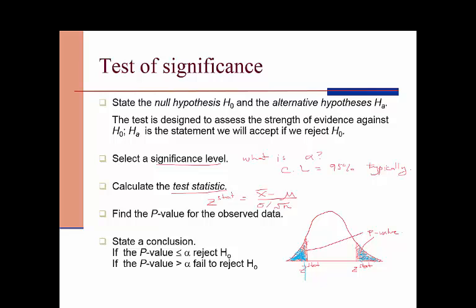So if I'm talking about Z critical here and negative Z critical here, well then what are these areas? These two blue areas combined is alpha. So when p-value, which is the red area, is going to be more than the blue area, you will fail to reject the null hypothesis.